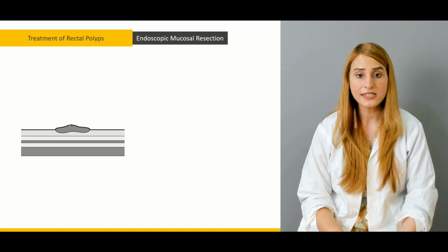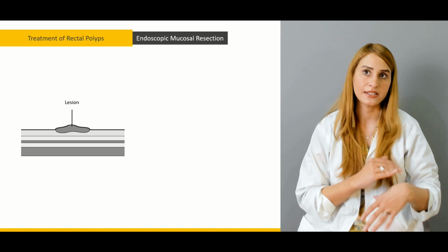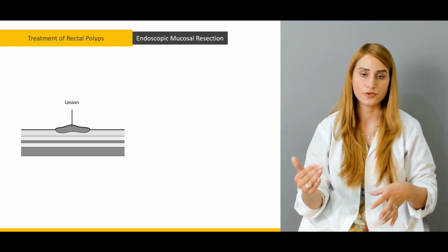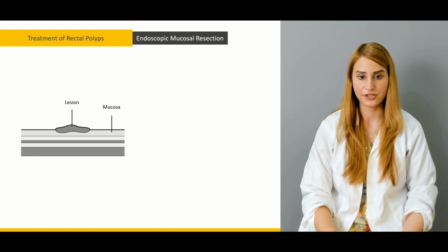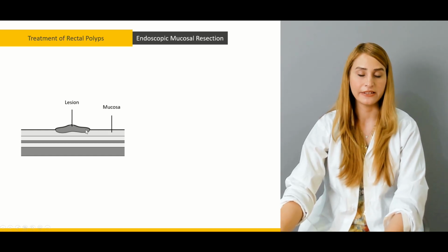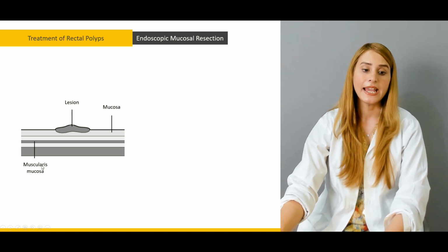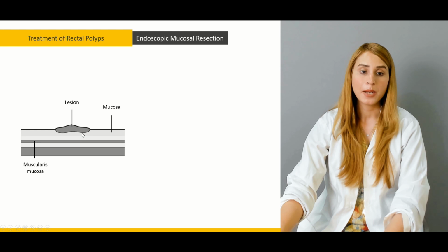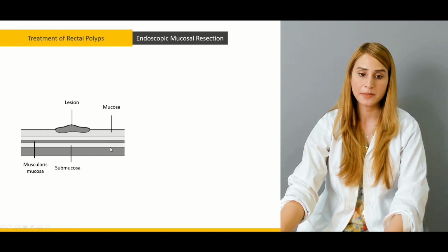For a rectal polyp, if the size is less than 1 centimeter, or ranging between 1 centimeter to 4 centimeter, you only go for endoscopic mucosal resection. You can see here it's a mucosa, and the lesion is smaller in size and is confined to the rectal mucosa. This is the muscularis mucosa. This is the mucosal layer, the muscularis mucosa, then submucosa, and this is muscularis propria and serosa.